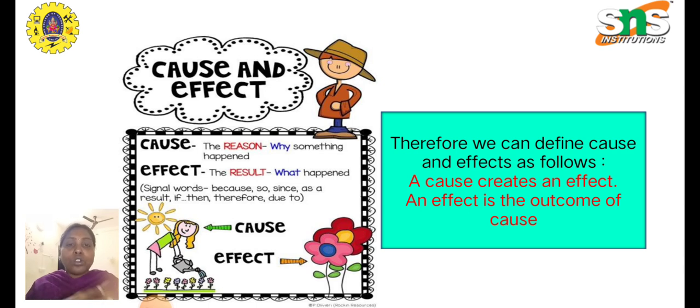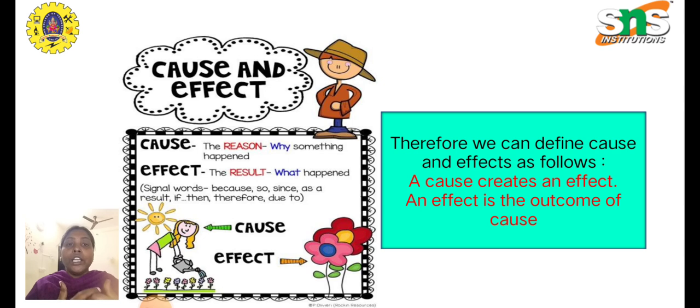To discuss this topic, we must first know the definition. So first of all, what is known as cause and what is known as effect? Usually a cause will be the reason for something to happen. In a similar way, an effect will be the outcome of the cause. This is how you can define the topic.